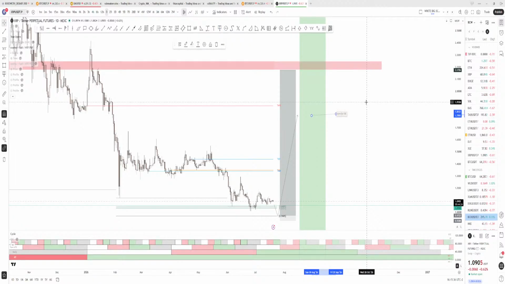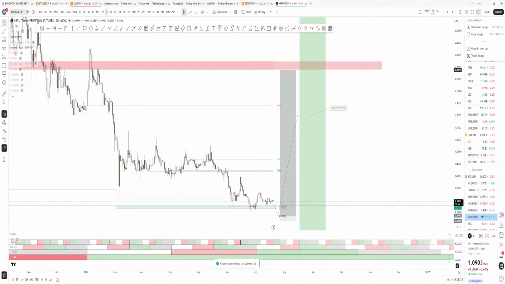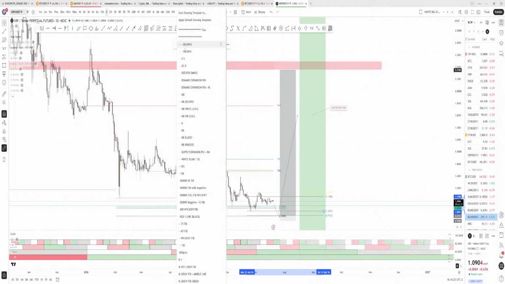Care for a bull trap. Actually, now thinking about it, let me check what we have here.